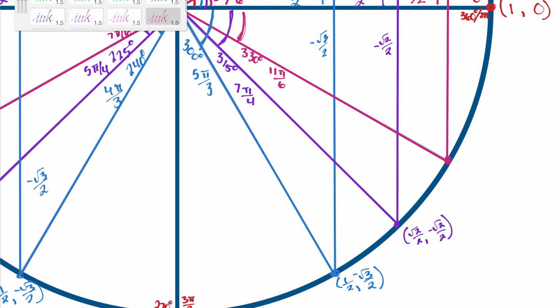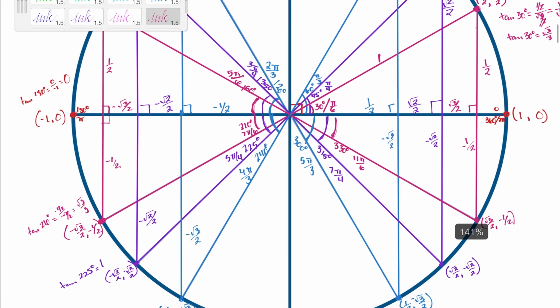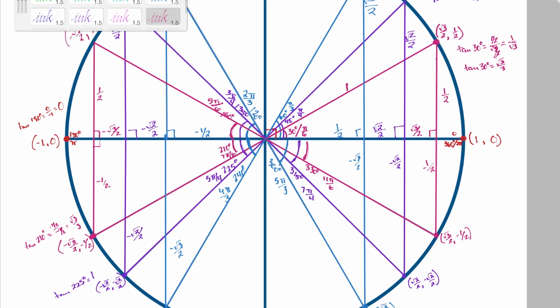And then for my 330 degrees, we can see the square root 3 over 2 on the x, so this would be negative 1/2 for the y. So you can see all of the x, y values for the 30 degrees are all the same. It's just the signs that have changed depending on which quadrant it's in.